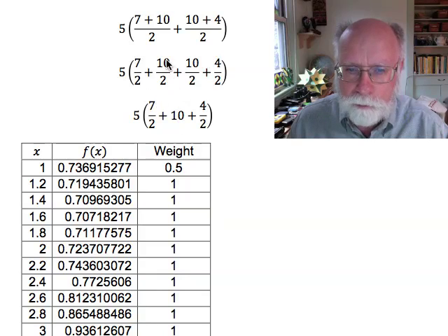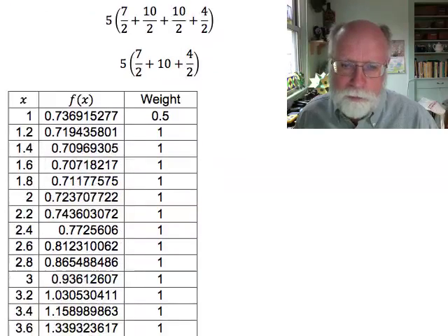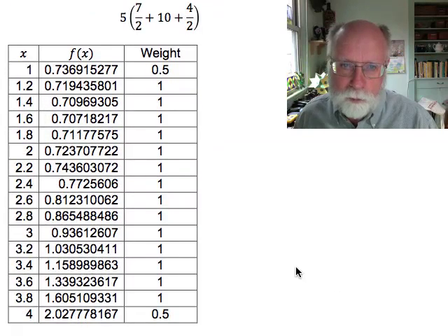And this same pattern will repeat if we have more intervals. We'll just get the data values for everything but the first and last, and the first data value is divided by 2 and the last data value is divided by 2. And that's where we get these trapezoidal weights from. We weight the first by 1/2, the last by 1/2, and everything else by 1. So it's easy to do that calculation.